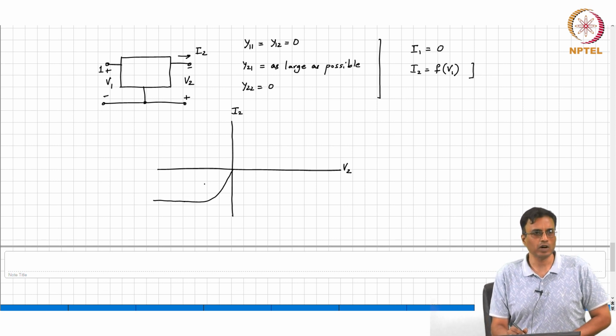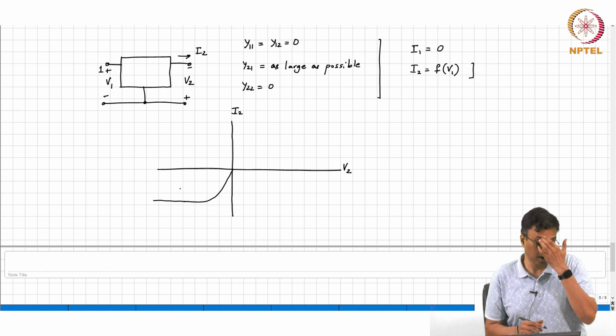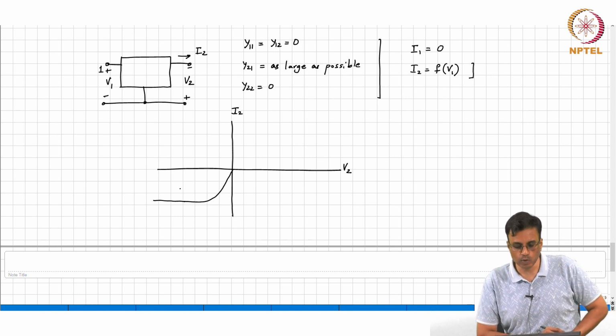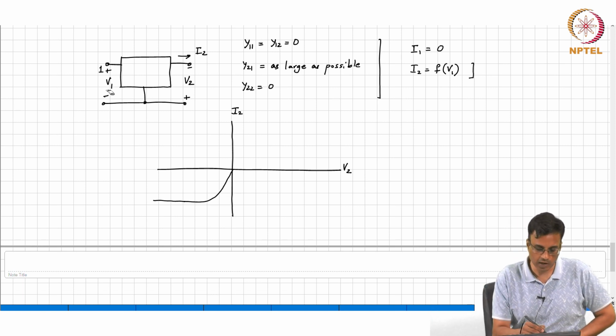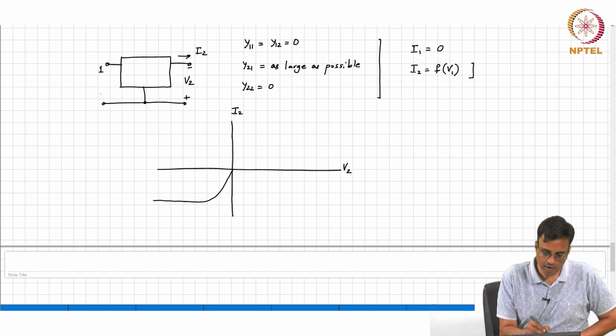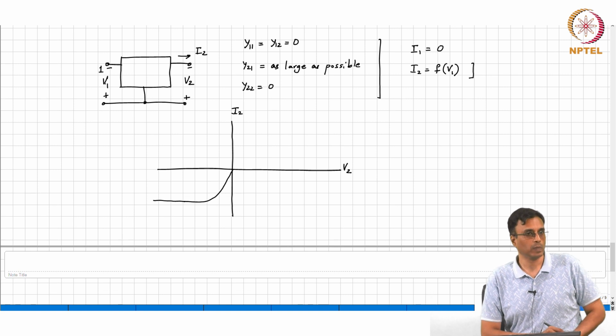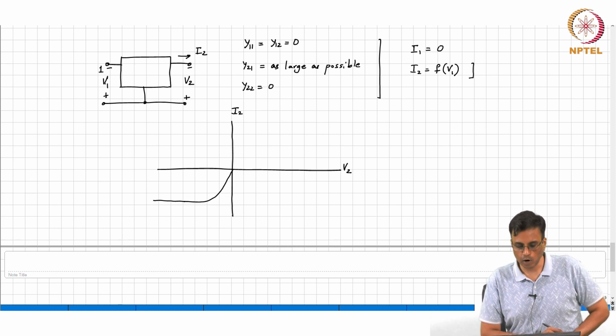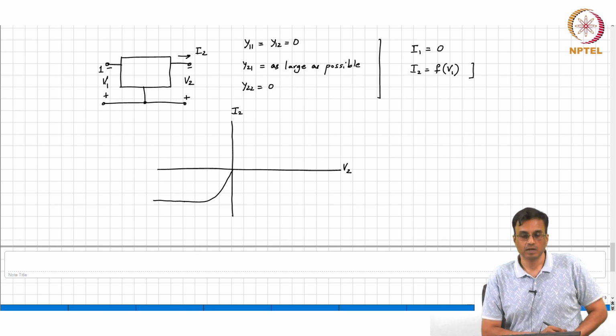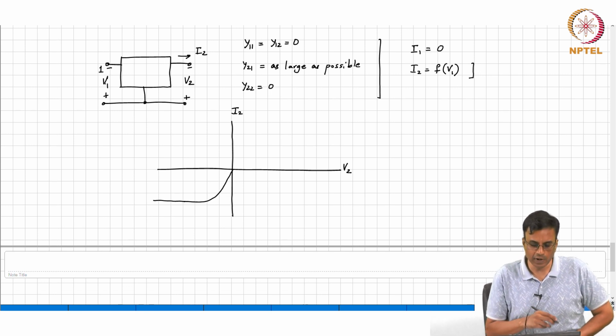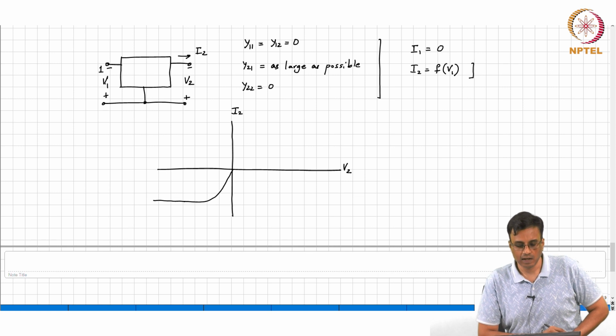Now, because we have denoted V2 and I2 as shown here, we might as well also call this V1. So what comment can you make now? What if you denote the difference between the common terminal and the terminal on top as V2, what comment can we make about the characteristics?